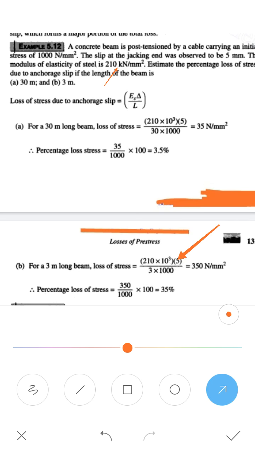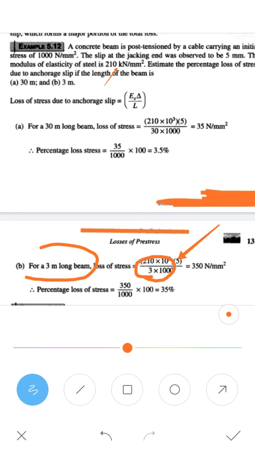Okay, so only the length changes here. The length you have to put here is 3 meter, because you are finding for 3 meters. So L is 3 meter, the length for which you are finding the loss of stress due to the anchorage slip.